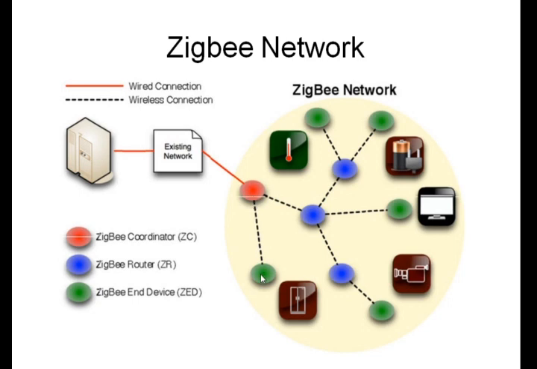The last device in the network is called an end device, just like a child in a tree. Then this is the router, the ZigBee router, to route data from the coordinator to the end device. We will see the description of each of the devices.